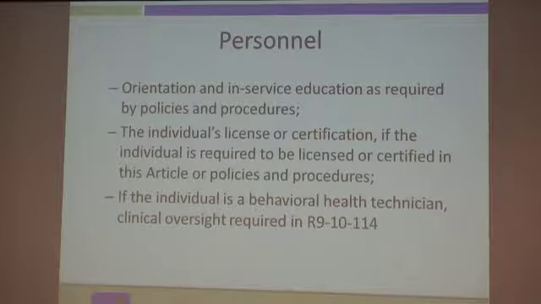Orientation and in-service education as required by the facility's policies and procedures. The individual's license or certification if the individual is required to have that. And if the individual is a behavioral health technician, documentation of the oversight that is required, that they have to be overseen by a behavioral health professional.